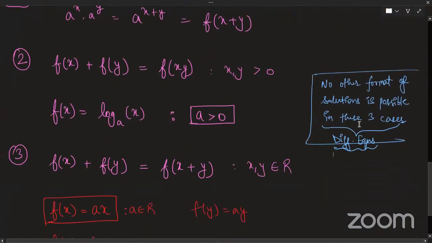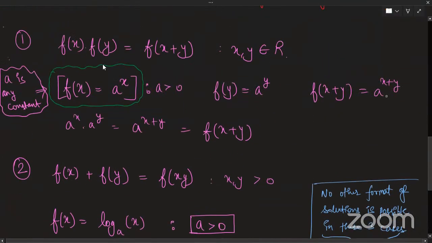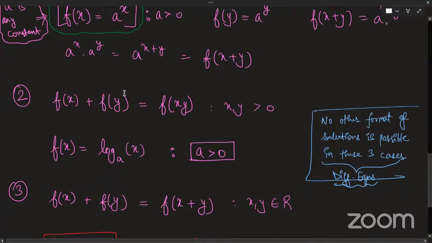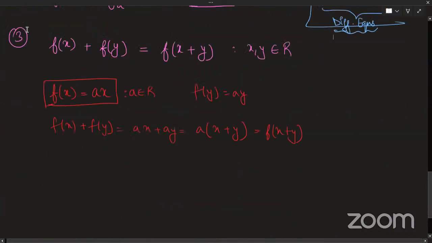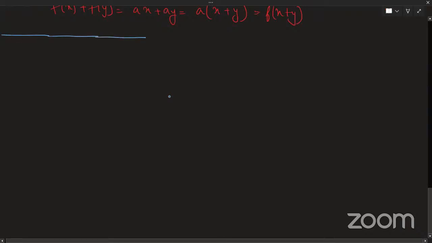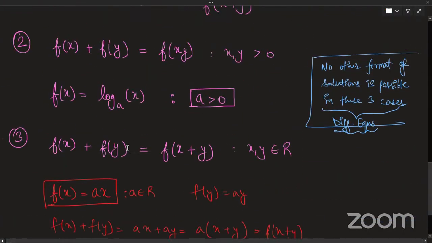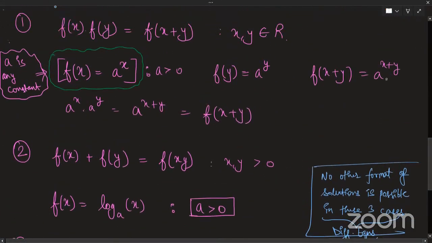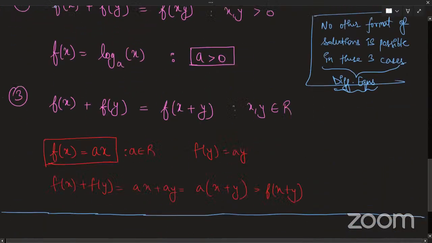When we study differential equations, I will prove to you that if you have such an equation, only this type of solution is possible. So you can mark it as special cases. जहां पे भी ये equation दिखे, wherever you see any of these three equations, just make sure to print your final result. Fine.